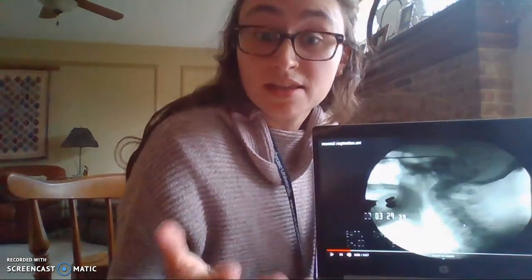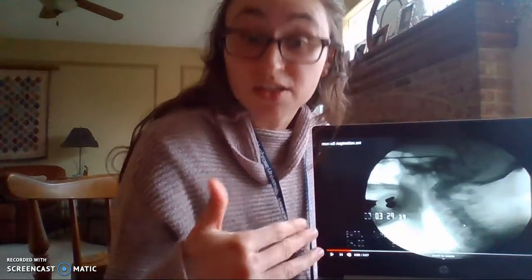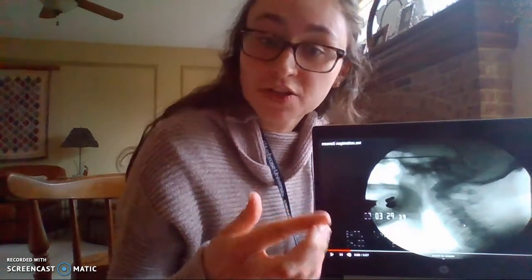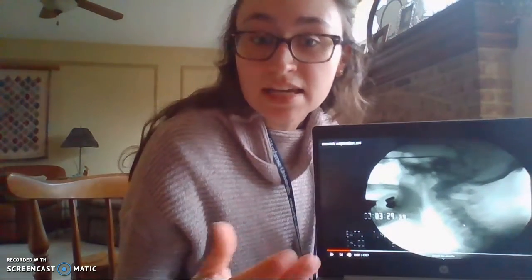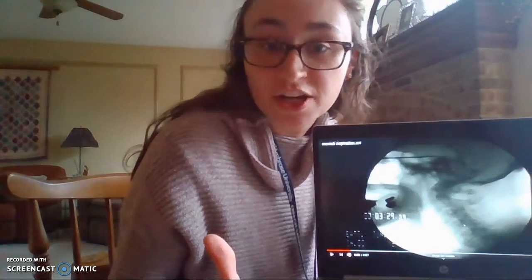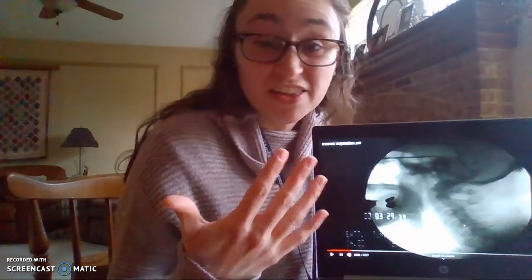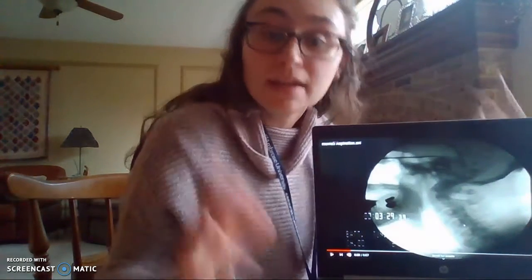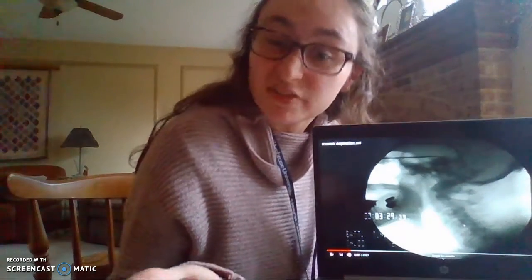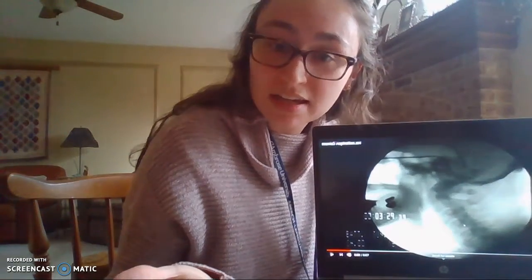When food or liquid goes down your airway past your vocal folds, we call that aspiration. That can be regular aspiration, or silent aspiration. Silent aspiration occurs when you don't really feel it. There's no signs of coughing or irritation. You don't really feel it go down the wrong pipe. So there are two different kinds of aspiration.